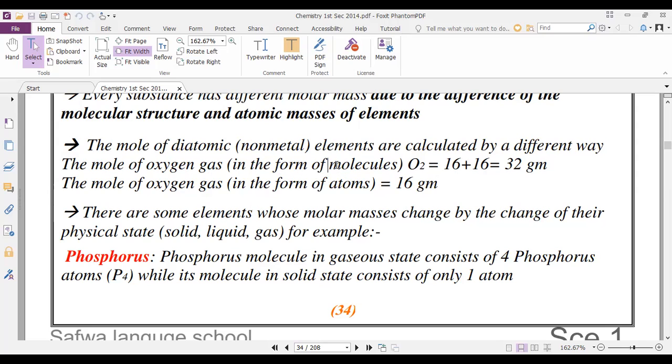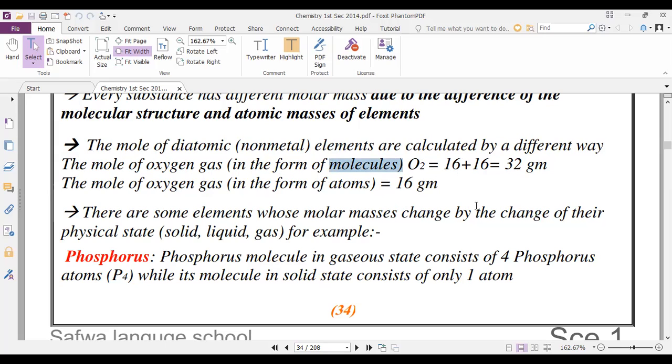Right. Because this molecule, and we said the molecule of oxygen gas equals what? Equals 32.